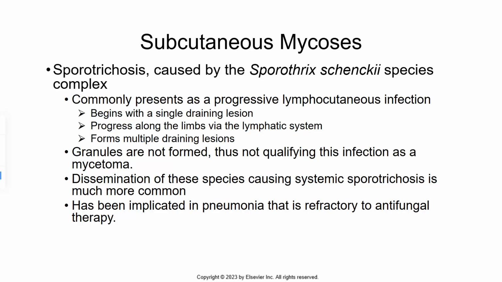If it's refractory to antifungal therapy, that means it has the potential to avoid treatment by antifungal therapy. So we don't necessarily call it resistant, although there are forms of resistant fungi out there.